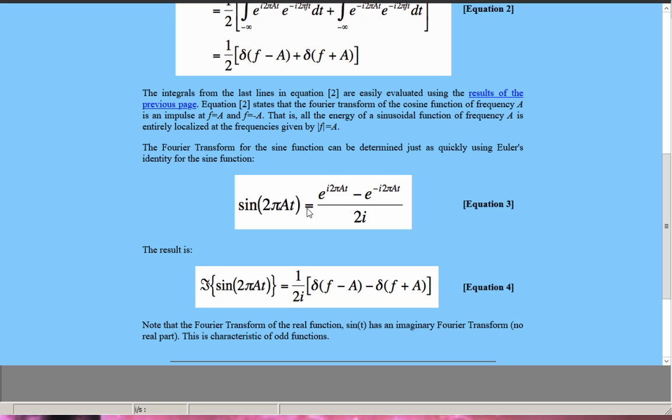Euler's identity for the sine function. E to the i 2 pi times a t minus such and such. Well, i is an imaginary number.